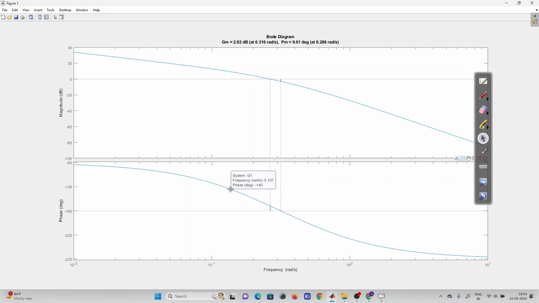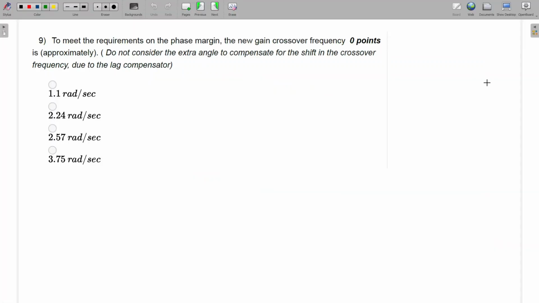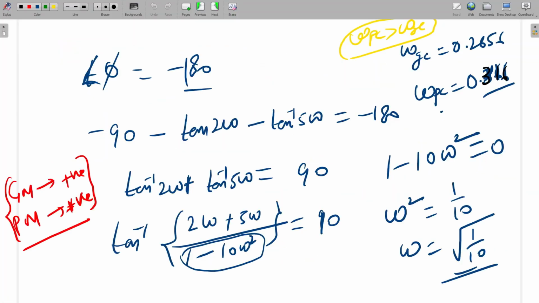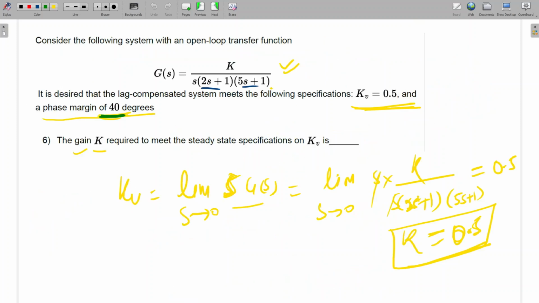Is it correct? So at minus 140, what we are seeing, our frequency is 0.137. Is it clear? The actual question was our desired phase margin is 40 degree. For 40 degree, what should be the gain crossover frequency?